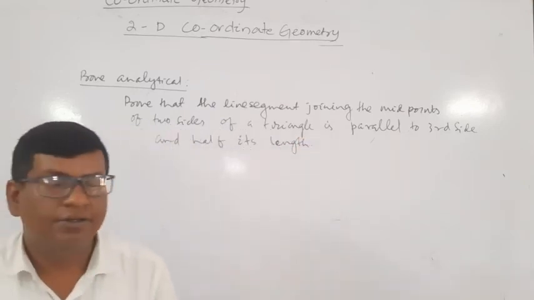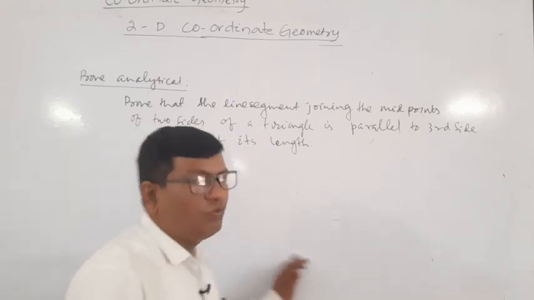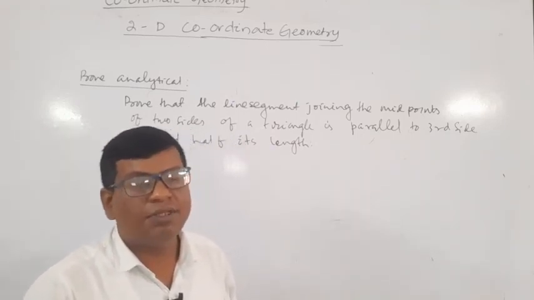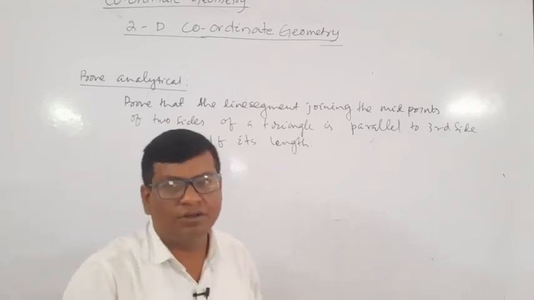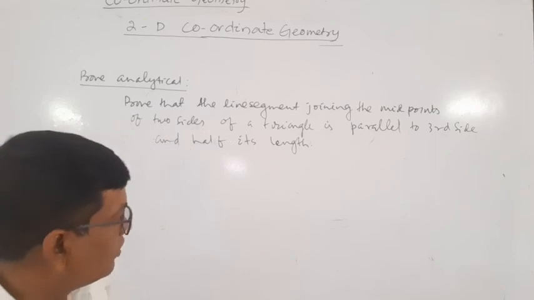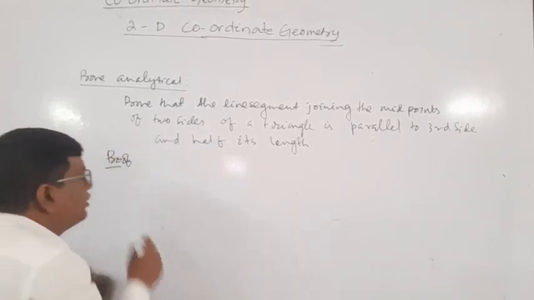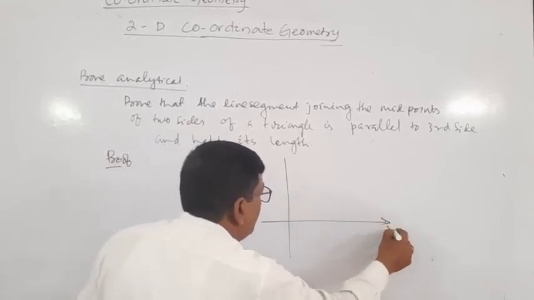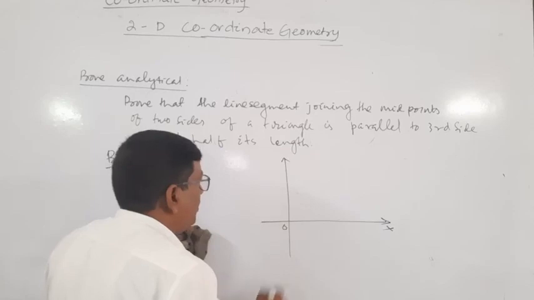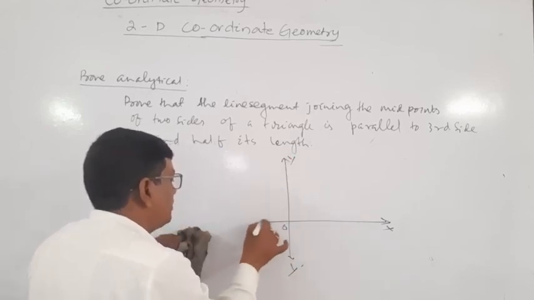Clear? This type of question will be easy if we consider one of the vertices at the origin. This is the simplest method. So, the proof: suppose this is the coordinate system, here X'OX and this is YOY'.